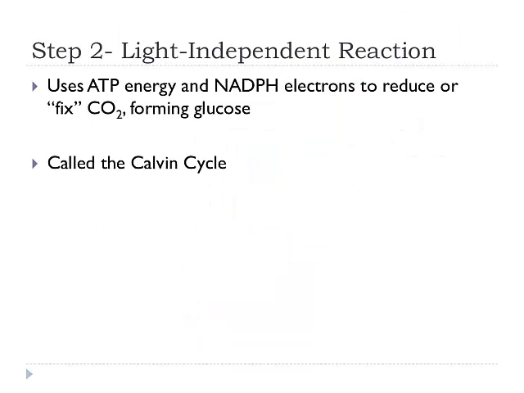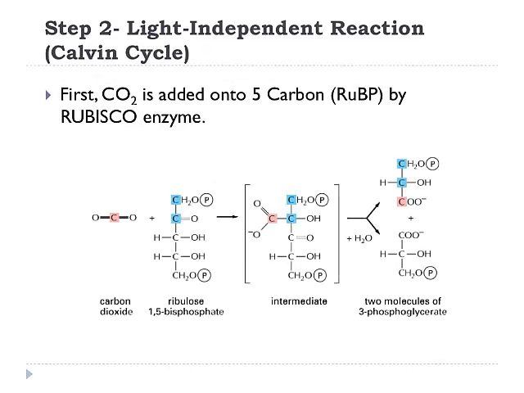So step 2 is the Calvin cycle, the part where CO2, the other input of photosynthesis. Okay, so water is important for that light-dependent reaction. CO2 is used in the light-independent reaction, the Calvin cycle.